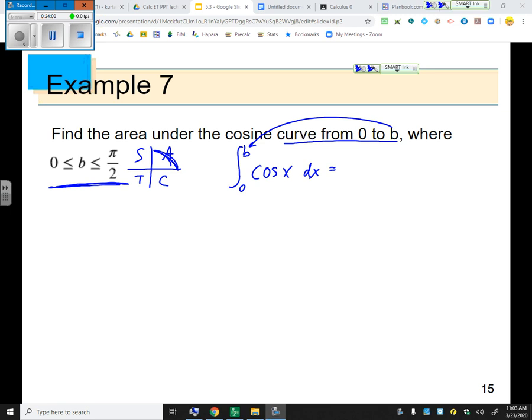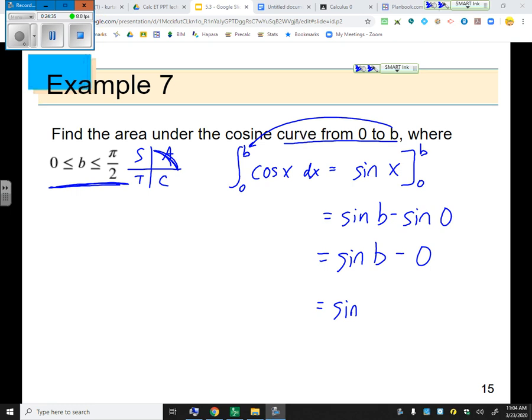Rather, I'm just going to go to b on this one and do the antiderivative from cosine, which would be sine. We go from 0 to b. So I can actually plug in a variable like this, and I have sine of b minus, well, sine of 0 is just 0, so my answer is just sine of b.